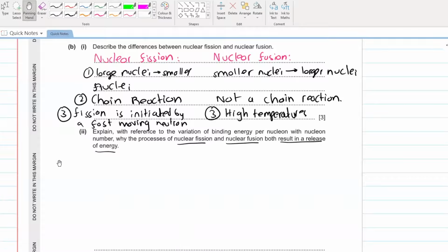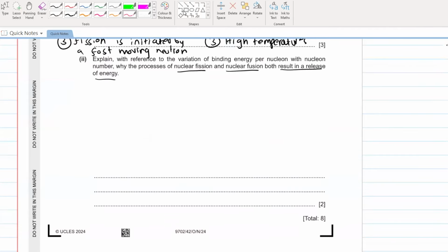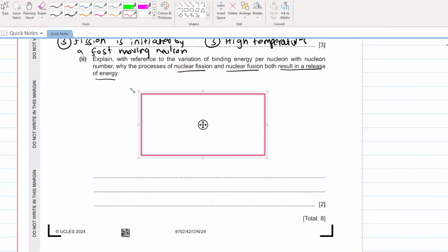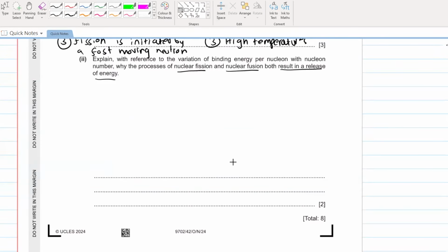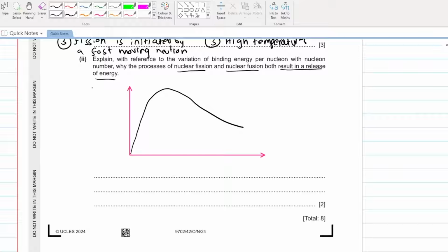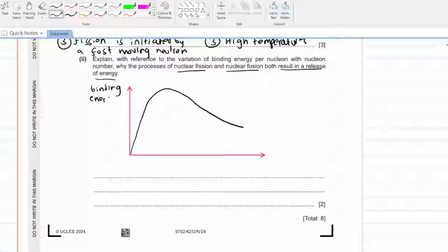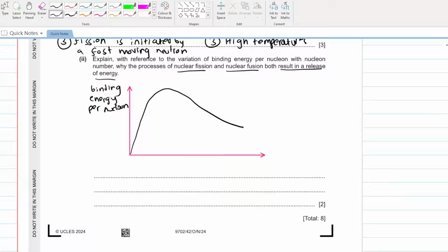Do you guys remember a graph that I told you about? Somewhat like this. Binding energy per nucleon on the y-axis and nucleon number on the x-axis.